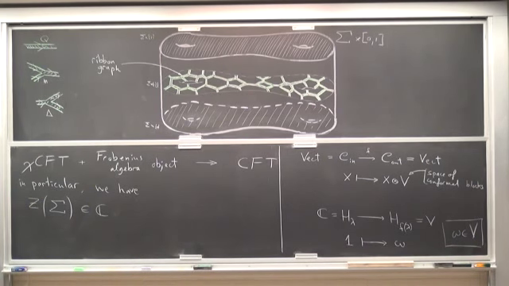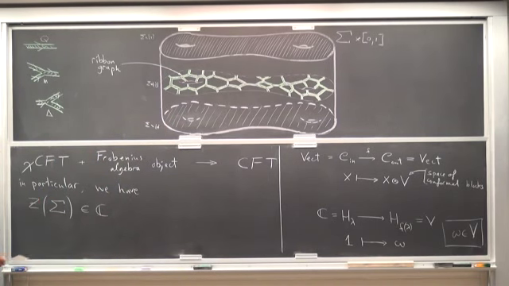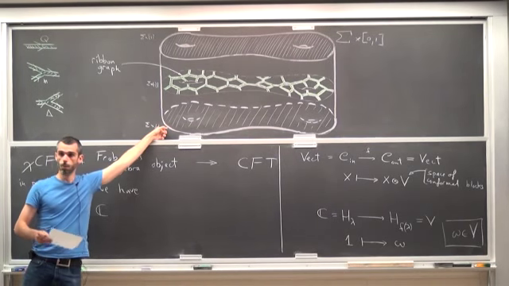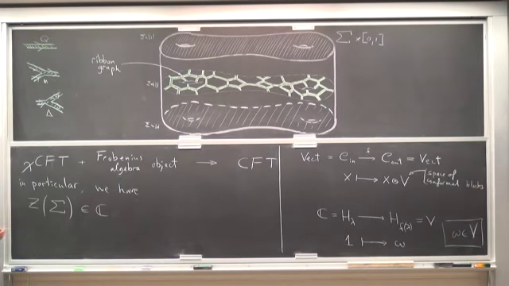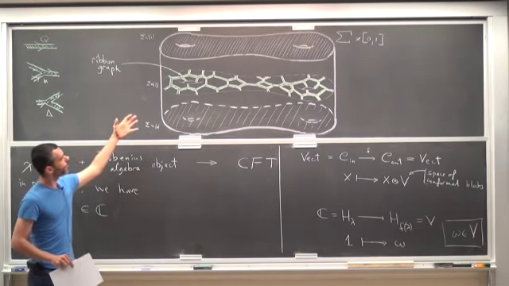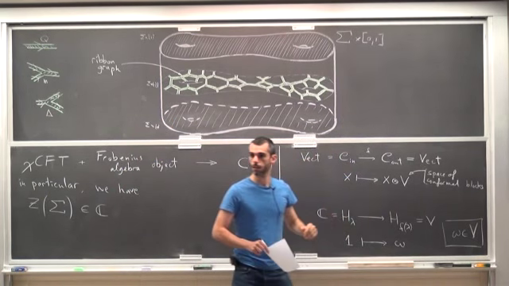So in order to assign a number to sigma, what Fuchs, Runkel and Schweigert do is they invoke the existence of a three-dimensional topological quantum field theory that is able to take as input such a three-manifold with boundary.